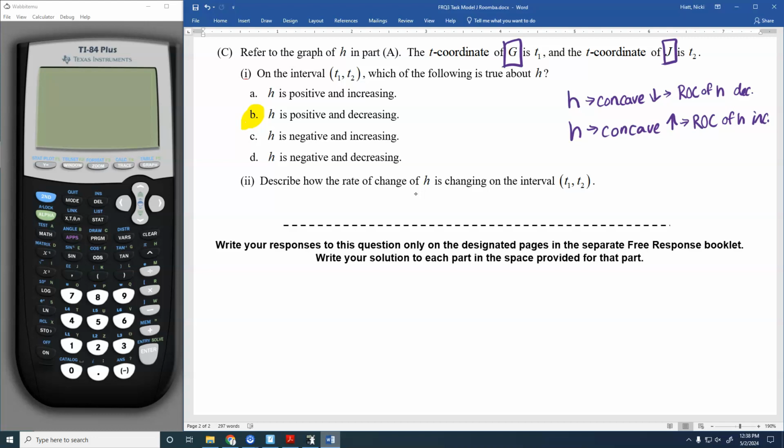And I saw that several times. Instead, you want to say the rate of change of H is increasing on the interval or for the interval. Either one is fine.